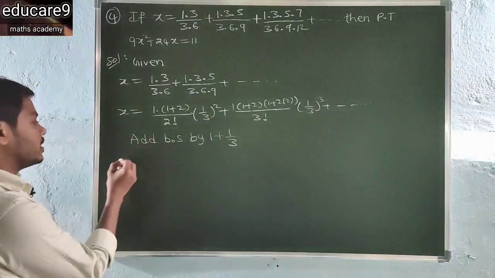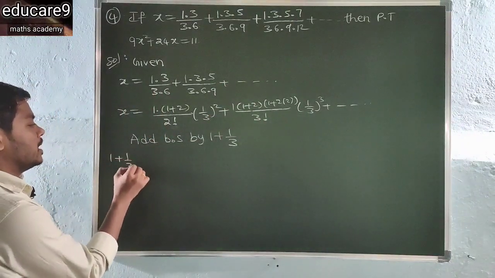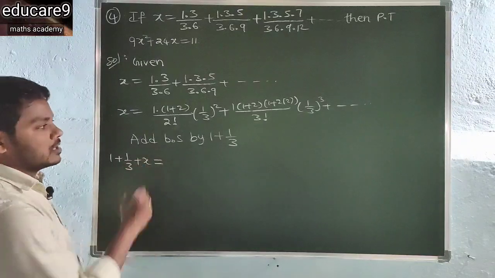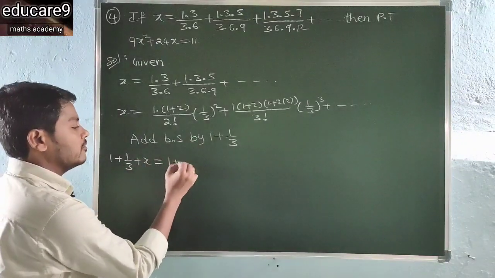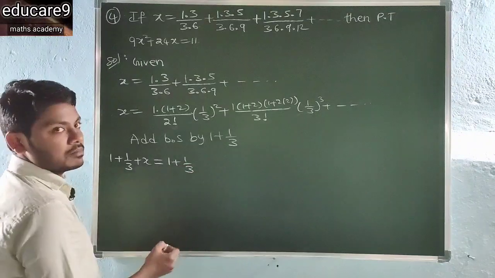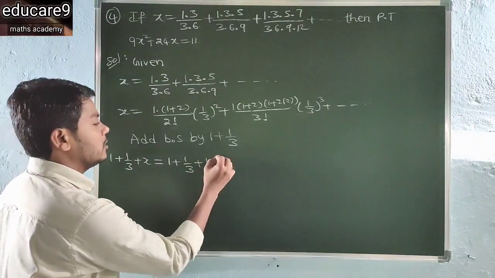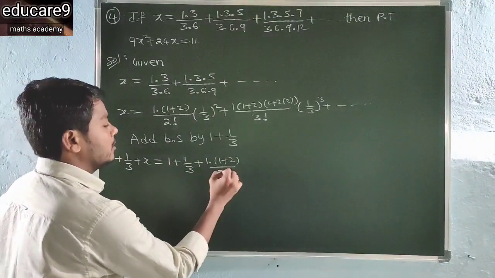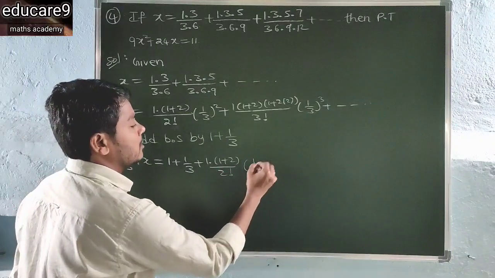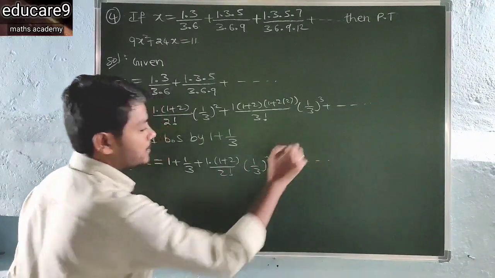So here what you get? 1 plus 1 by 3 plus x is equal to, so right side 1 plus 1 by 3 plus 1 into (1 plus 2) by 2 factorial into (1 by 3) whole square and so on.